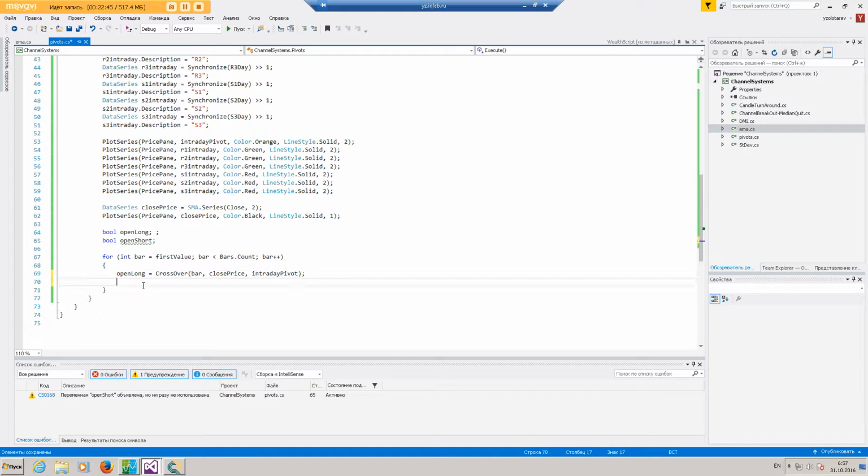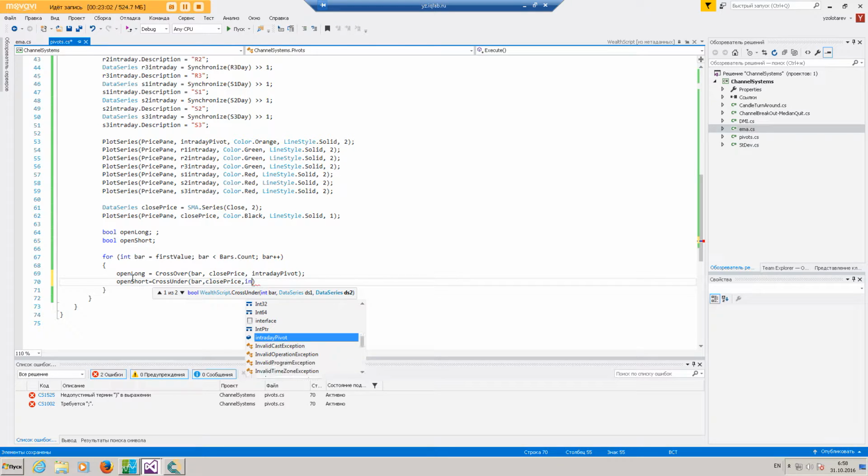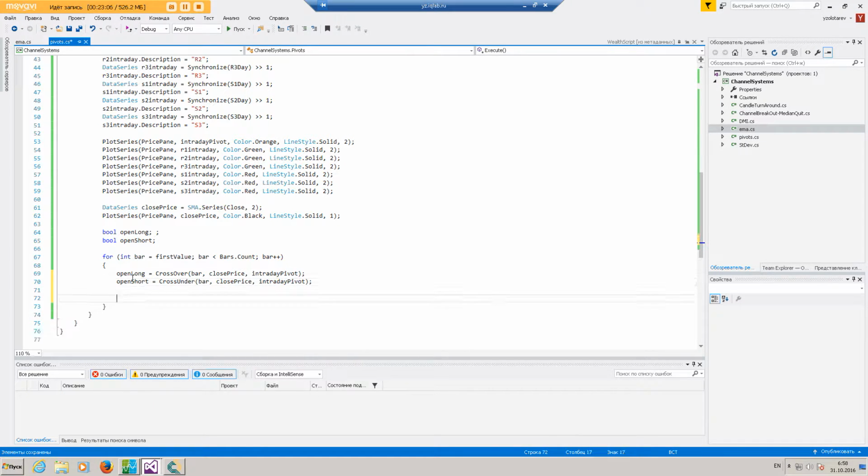Okay, and open short is going to be whenever there is a cross under on bar, close price, intraday pivot. Okay, and that's it really.